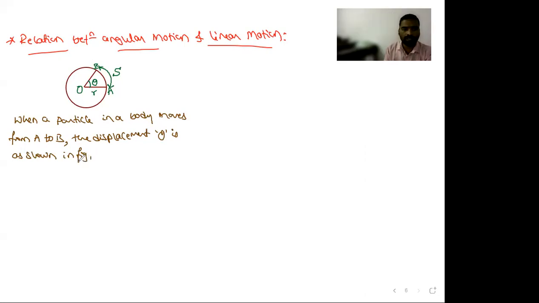When a particle in a body moves from A to B, the displacement theta is as shown in the figure.